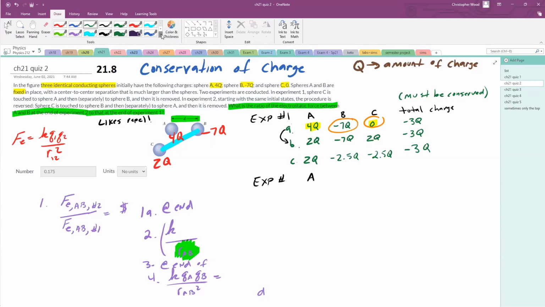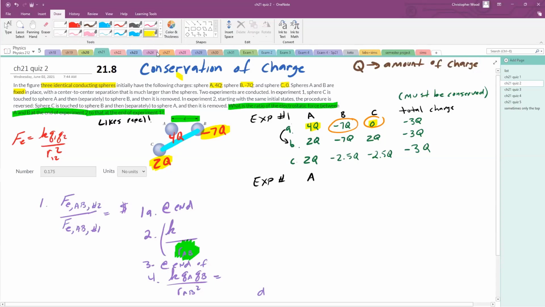If I have negative 7Q on charge B and 2Q on C, then if they're brought into contact with each other, they're basically going to reorganize themselves to be as spread out as much as possible, because like charges repel.